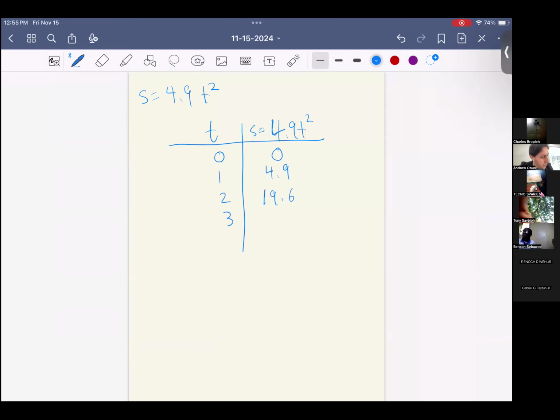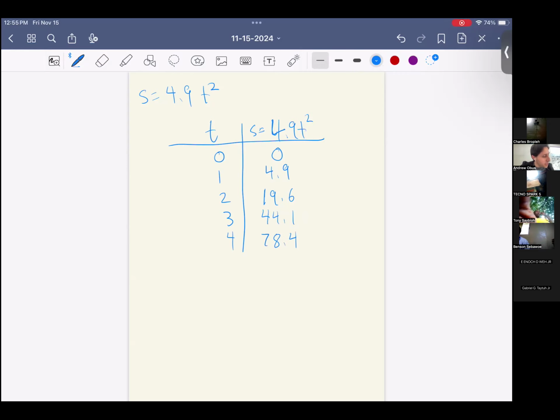At time 3, this is 4.9 times 9, which is 44.1. And at time 4, it's going to be 4.9 times 16, which is 78.4.